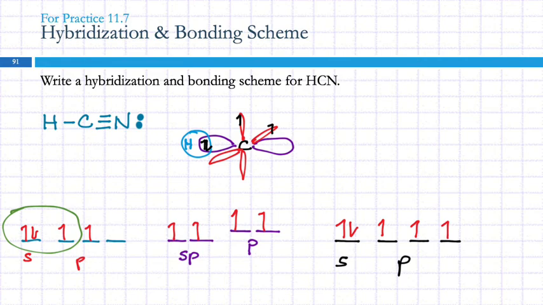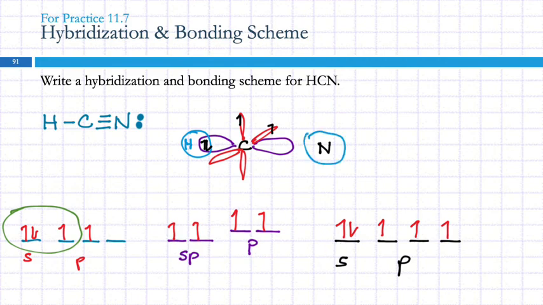So here's my nitrogen. I'm going to have to draw him a little closer. Nitrogen has an s orbital.